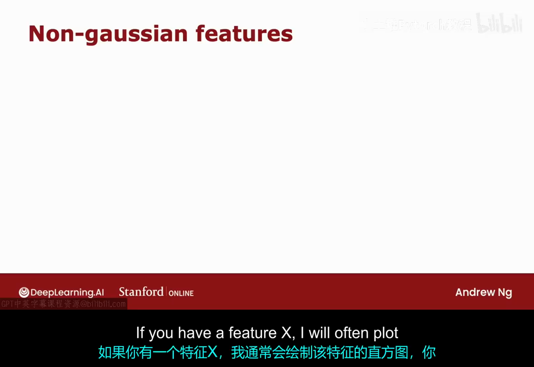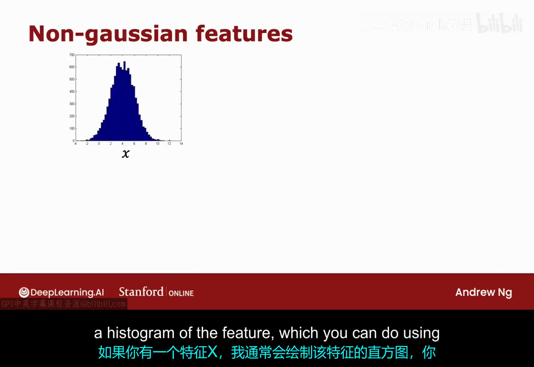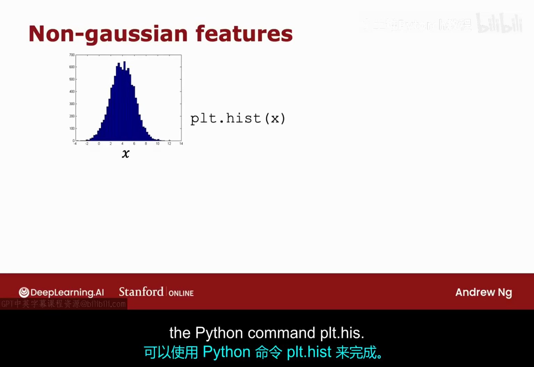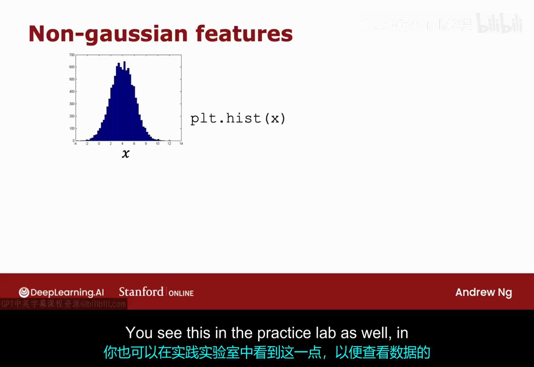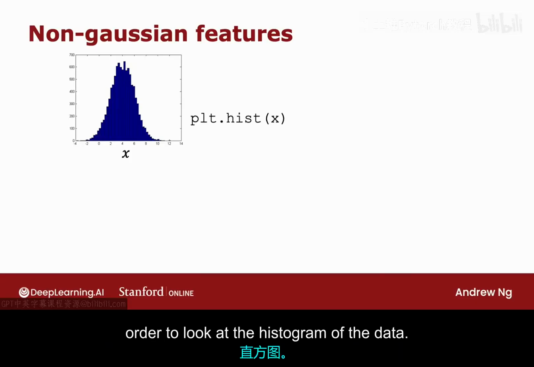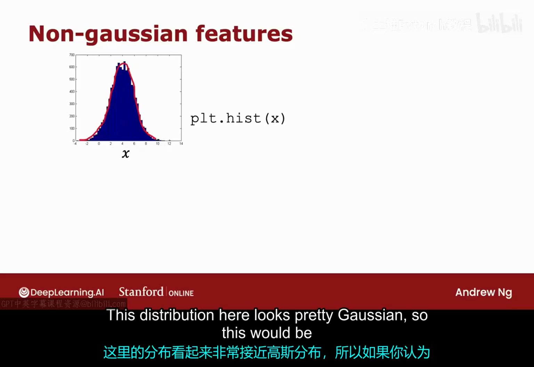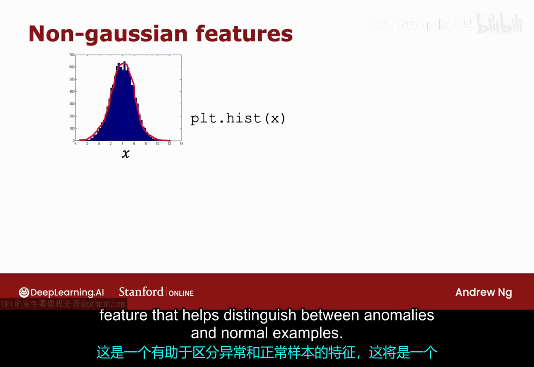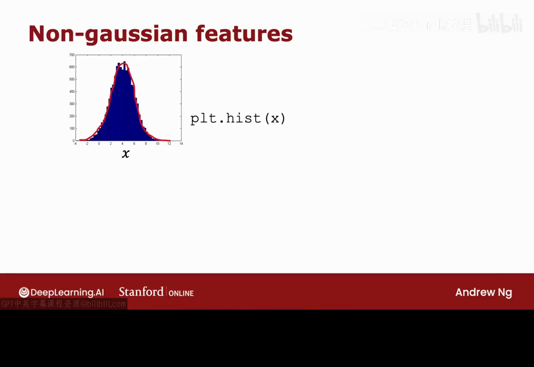If you have a feature X, I will often plot a histogram of the feature, which you can do using the Python command plt.hist. You see this in the practice lab as well, in order to look at a histogram of the data. This distribution here looks pretty Gaussian, so this would be a good candidate feature if you think this is a feature that helps distinguish between anomalies and normal examples.